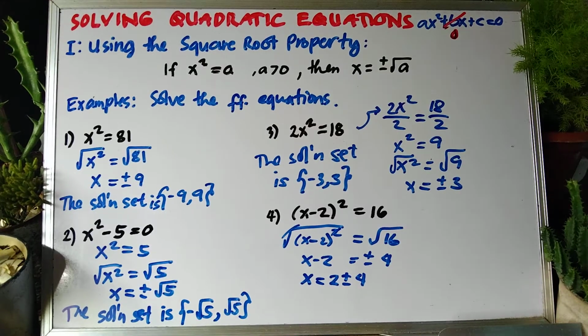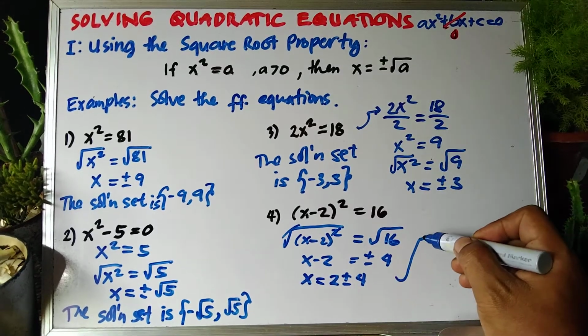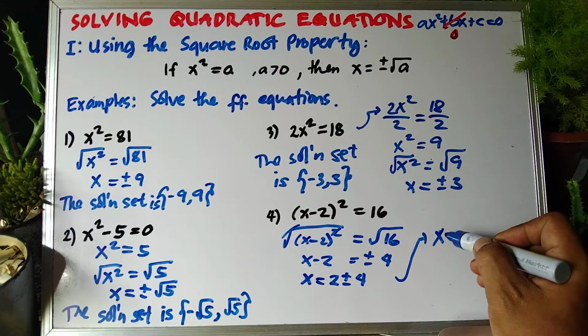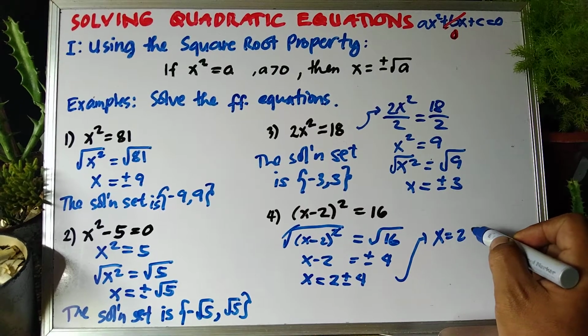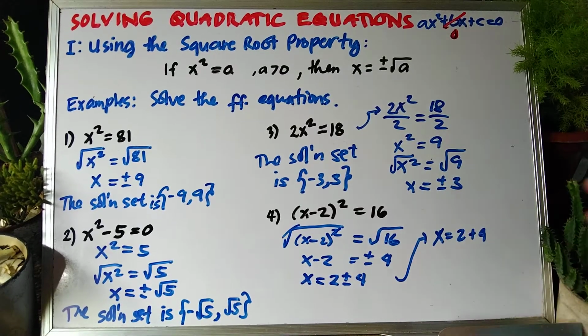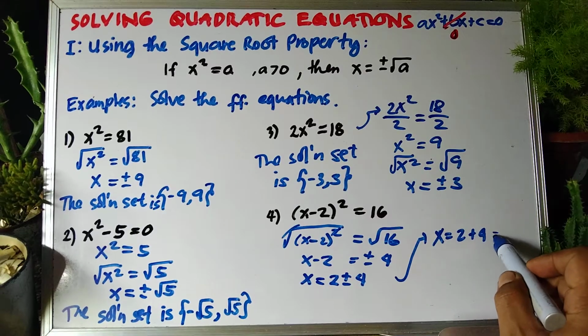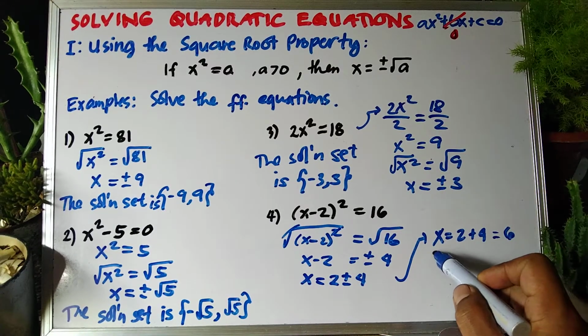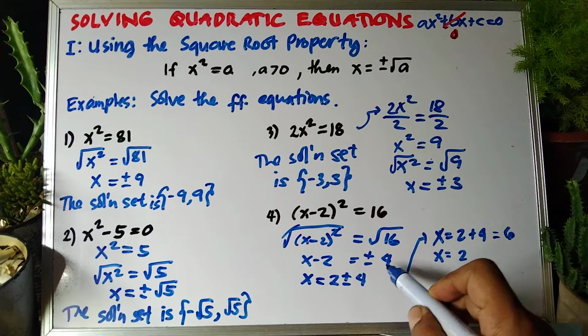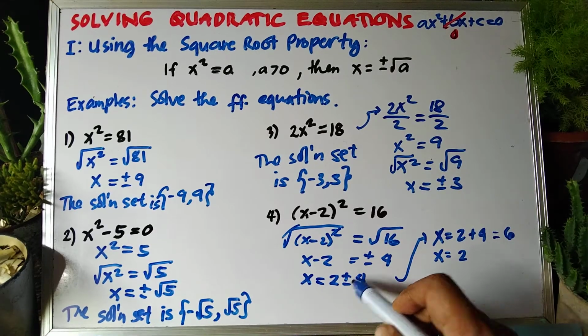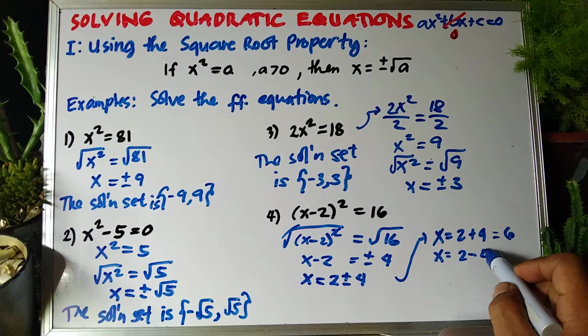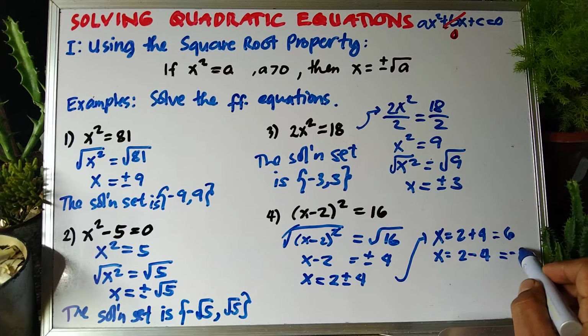Okay, dali lang yan eh. So dito, solve for x. X is equal to 2 plus 4. Use the positive. So 2 plus 4 is equal to 6. The other one, x is equal to 2, kasi plus minus yan eh. So yung minus na naman. 2 minus 4 is negative 2.